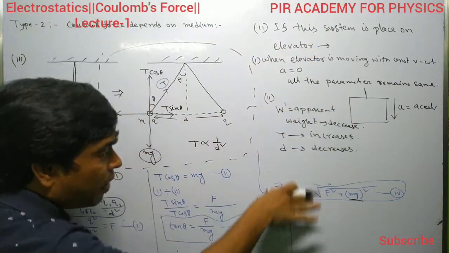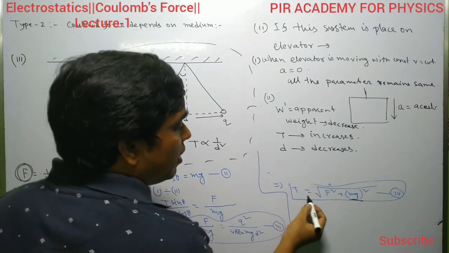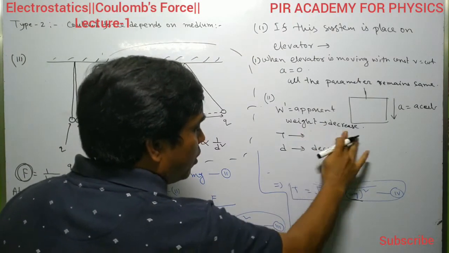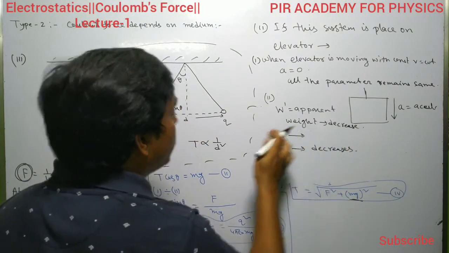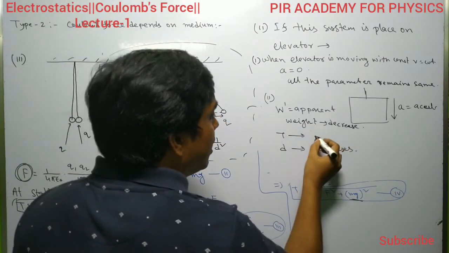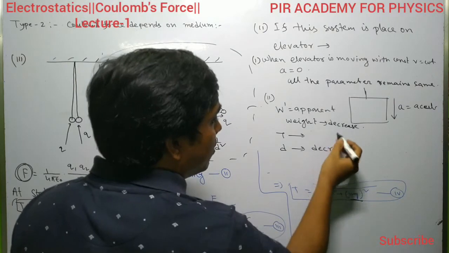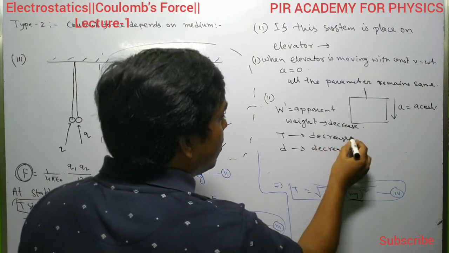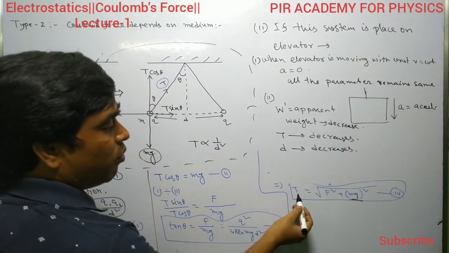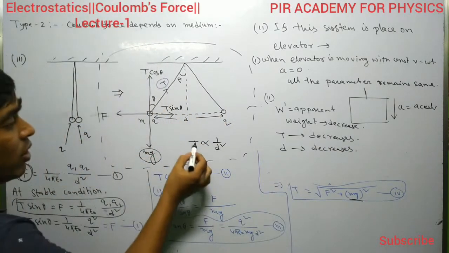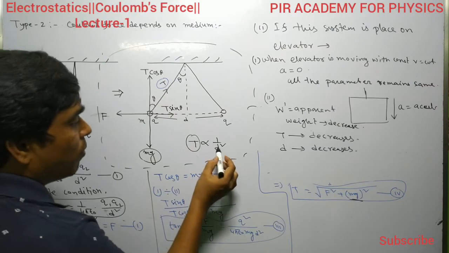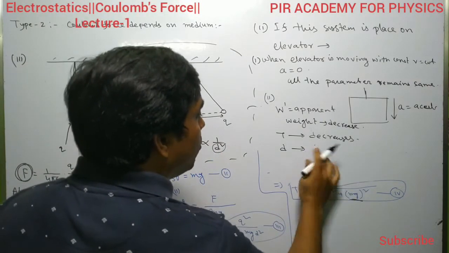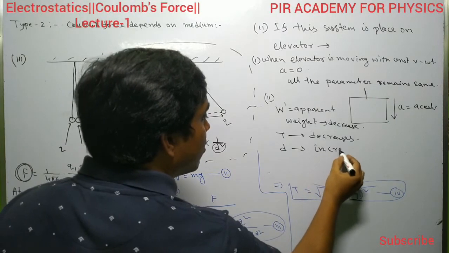If apparent weight decreases, so using this formula, the tension of this wire will decrease. So tension will decrease. If tension decreases, then this d will increase. So this d will increase.